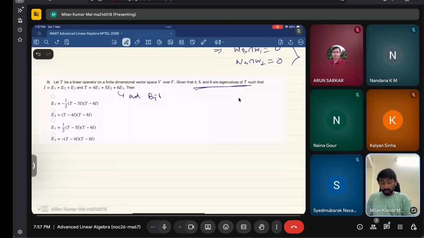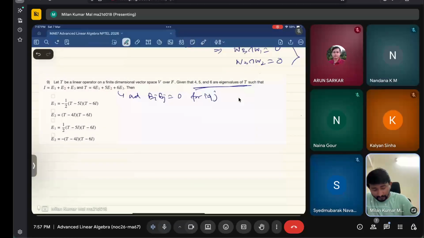Then which of the following is the correct option? You have to find E1 and E2. We have to find both of them, E1 and E2.